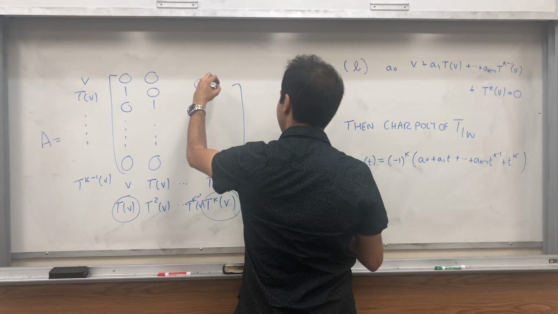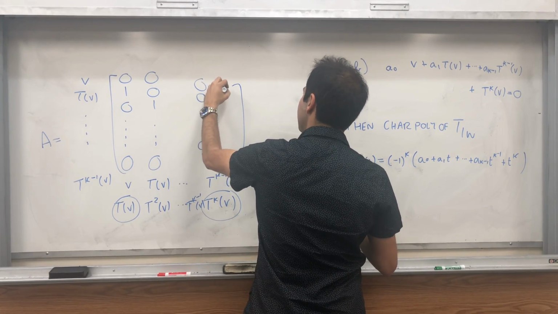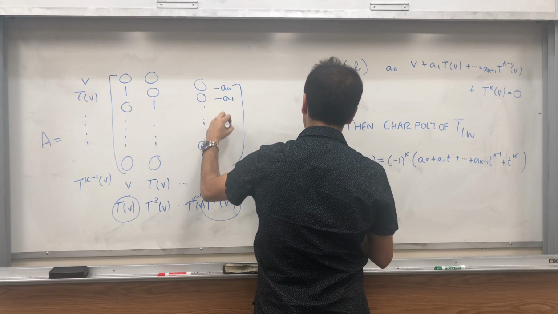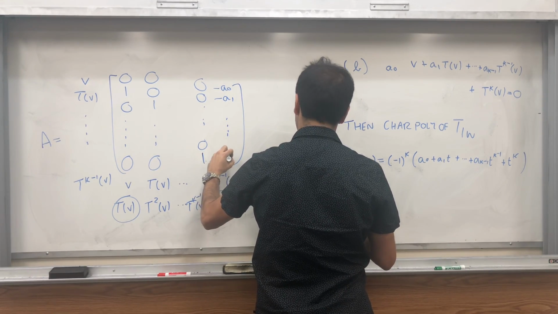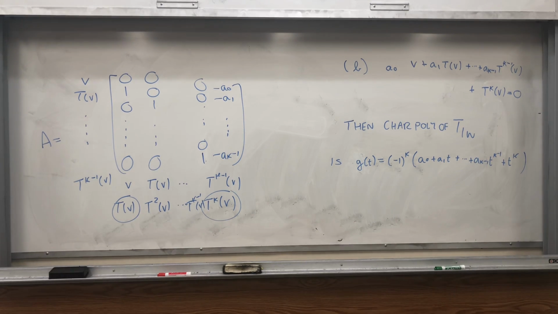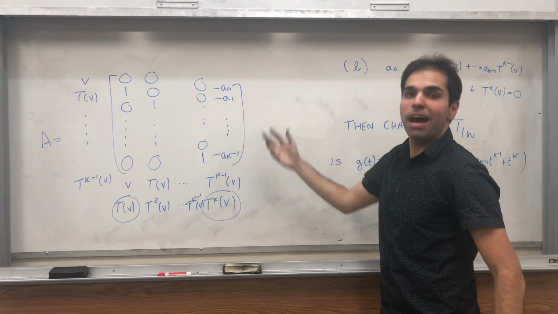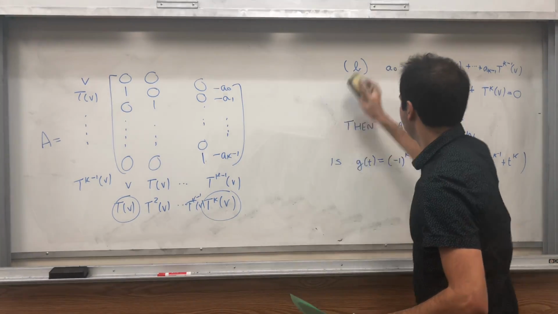So minus a0, sorry, there should be a 1 here. Minus a0, minus a1, ..., minus a_{k-1}. In particular, what is the characteristic polynomial of T restricted to W? It is the determinant of this minus lambda I.